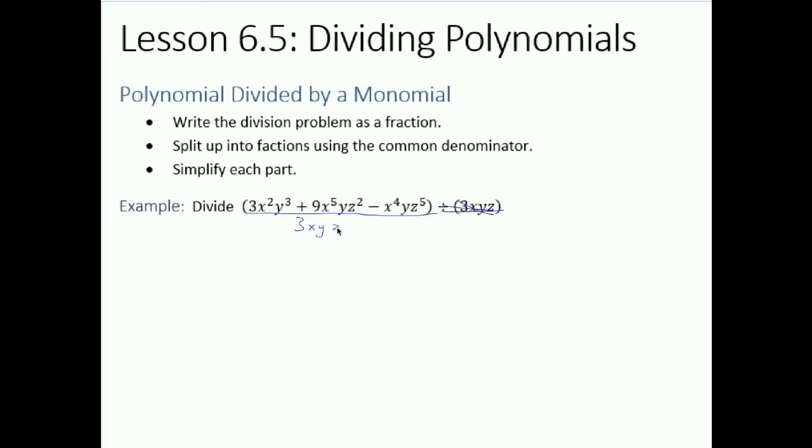Now this is the common denominator of these three parts, as we often think of common denominators. We have 2/7 plus 3/7, and we think, well, that's a common denominator, so we can write 2 plus 3 over 7, or 5/7. It's also true that we can start with something with a common denominator and split it up into two fractions, and that's what we're going to be doing here.